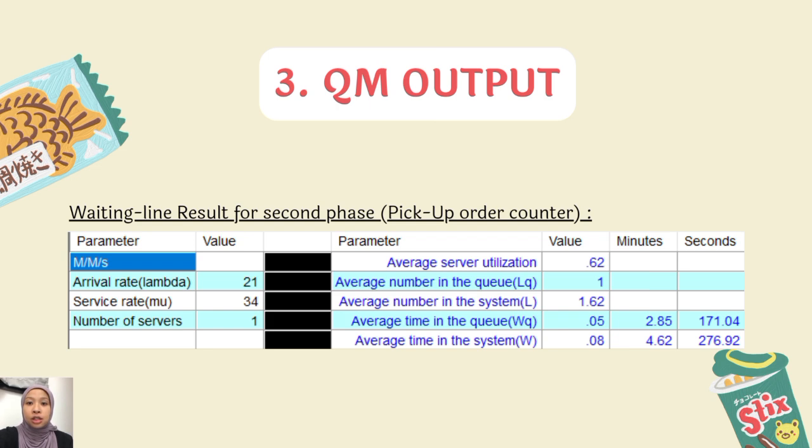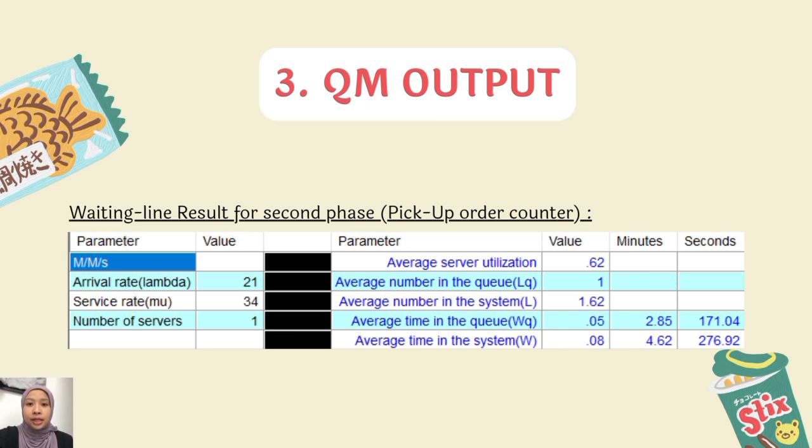On average, there is one customer waiting in the queue, LQ, and the total number of customers in the system, L, including both those being served and those waiting, is approximately 1.62.